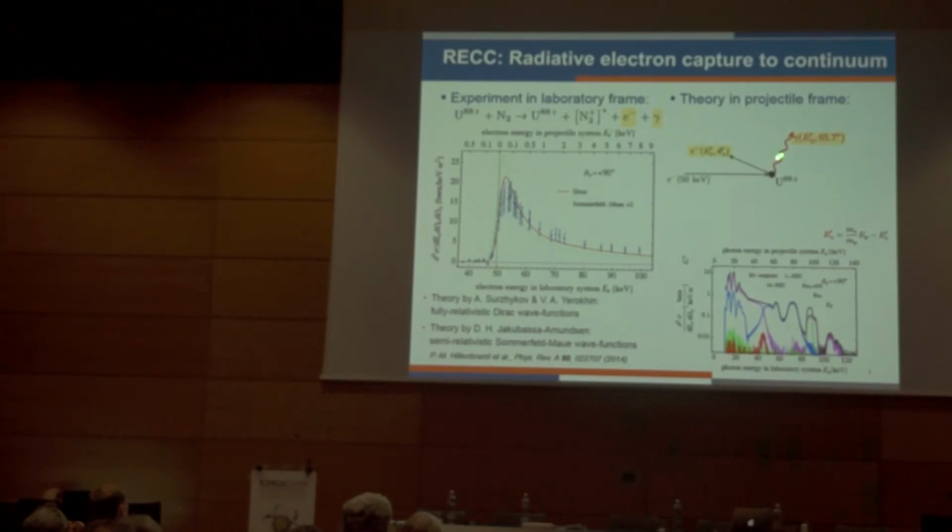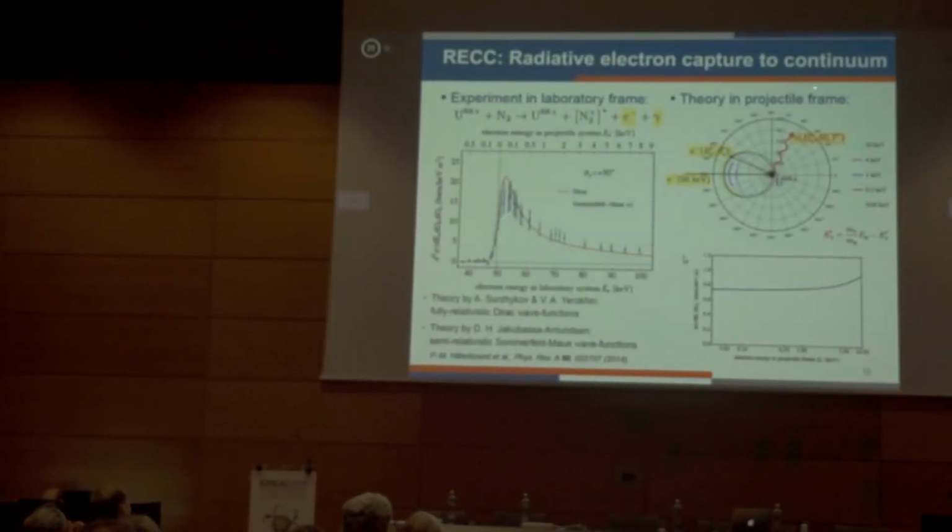For a given angle of the photon that is emitted, you can then again calculate the electron distribution. And here you see that the electron is always emitted into the backward direction in the projectile frame. And then, as I showed, the transformation includes a rotation by 180 degrees.